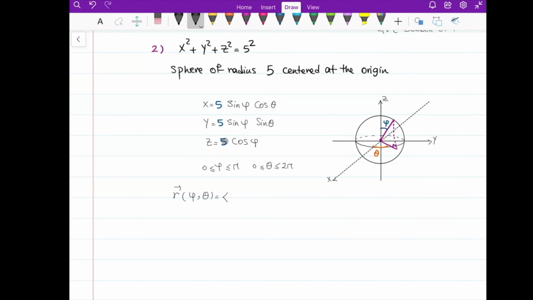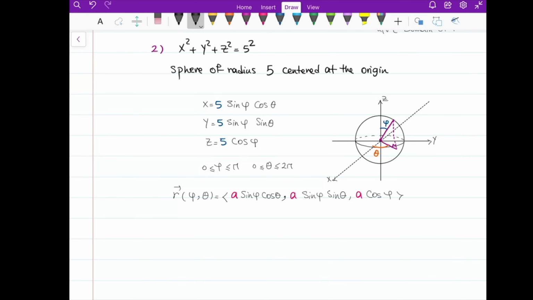For the general sphere of radius a, for any sphere of radius a, I can write a sine phi cosine theta, and then a sine phi sine theta, and then a cosine phi, where phi is between 0 and pi, theta is between 0 and 2 pi.